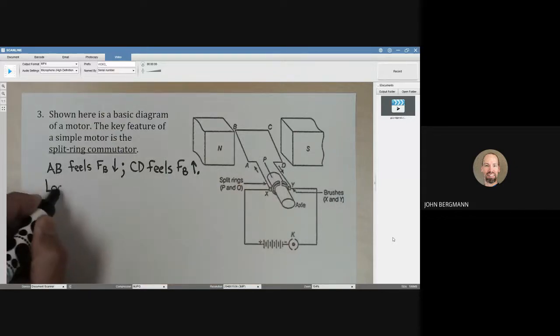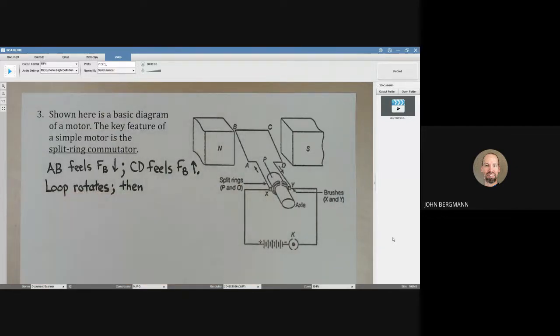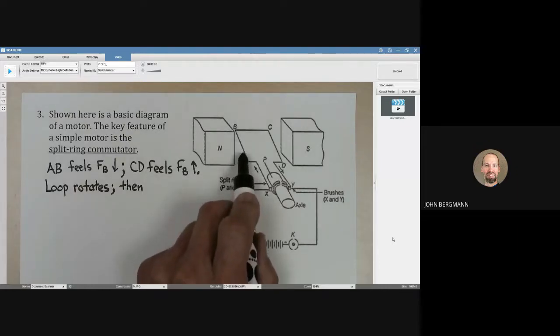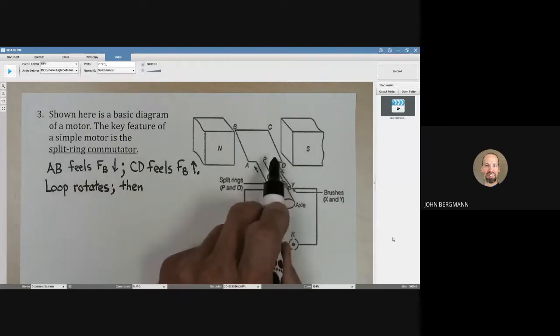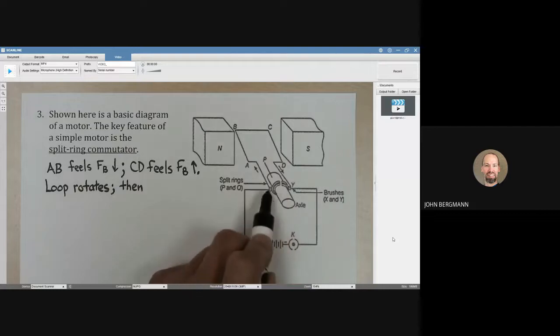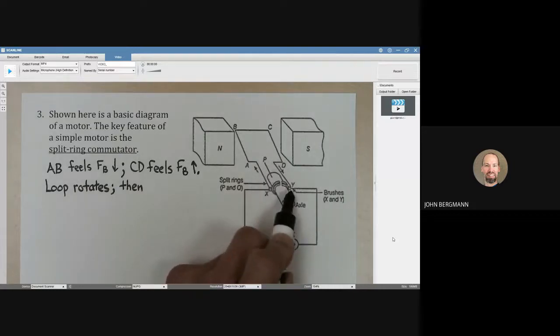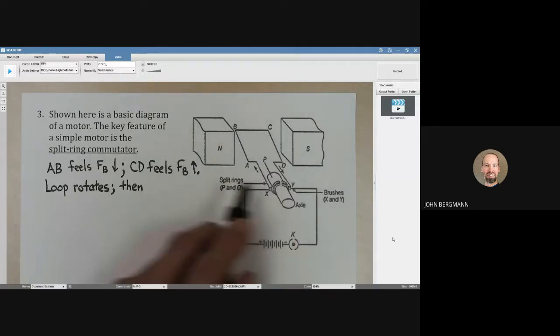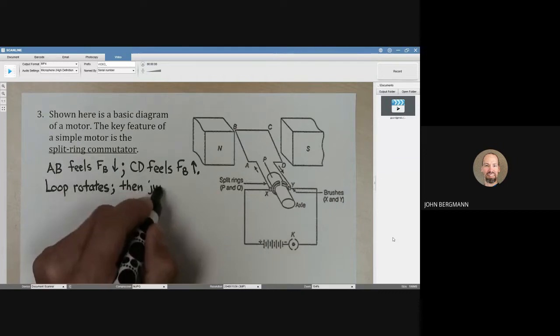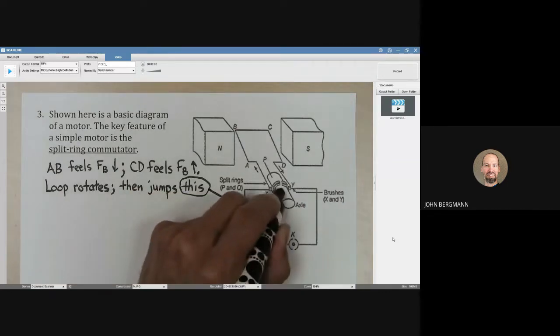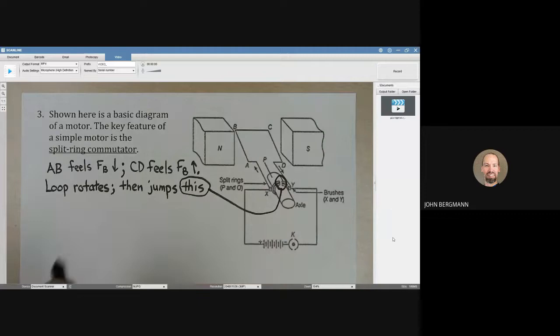The loop rotates. Then what happens? AB is going downward, CD is going upward, and at some point you can see here, so CD is going upward. So basically this portion right here where my marker is, eventually it's going to get up to right there. The loop rotates, and then it jumps this gap right here because it's got some inertia, right?